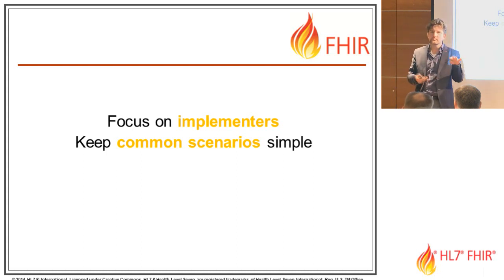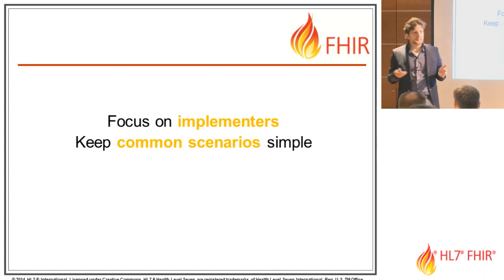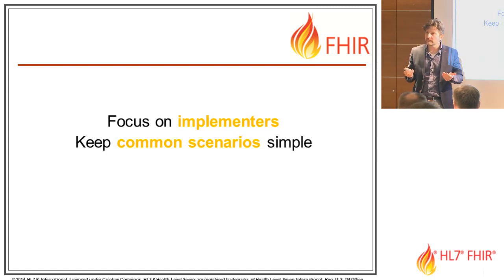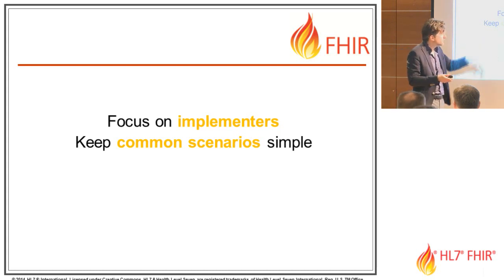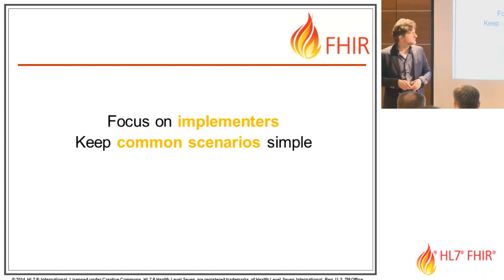You don't have to read the full 2,000 HTML pages that are in the standard. You can start, and Miriam will probably do that in the coming time, and in maybe an hour be able to exchange patient data. That was not possible with our previous standard. FHIR made it possible to do that because the easy things are easy. But the hard things are still hard, by the way.